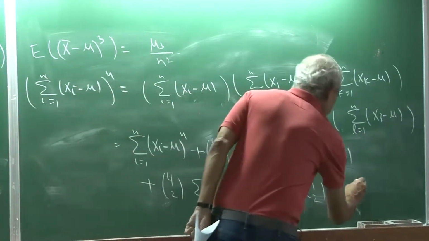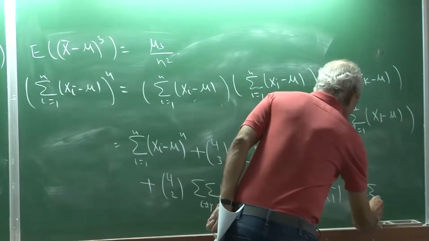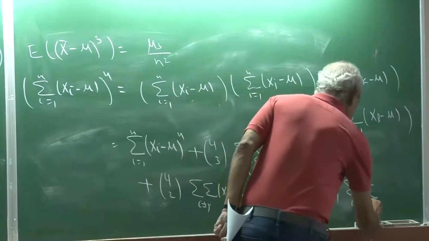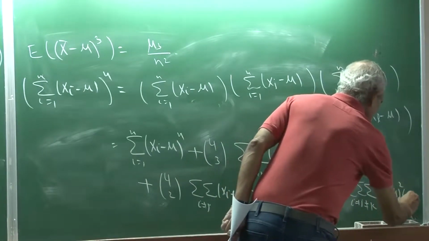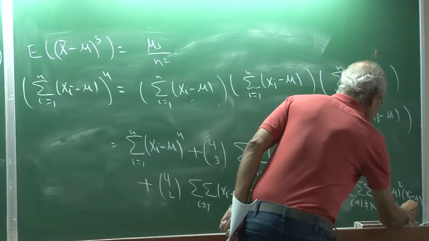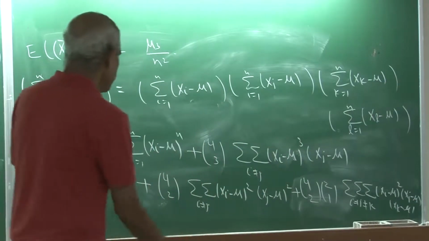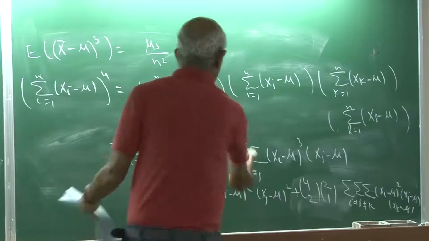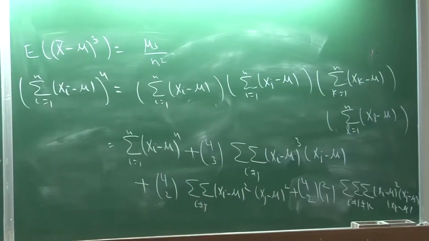So summation i not equal to j not equal to k of (xi minus mu) square, (xj minus mu), (xk minus mu). And that's all, because the other case is covered over here. So what do you get from here?